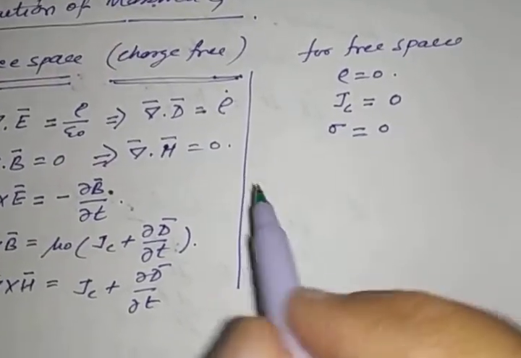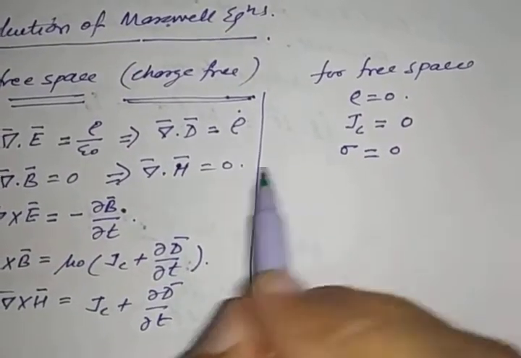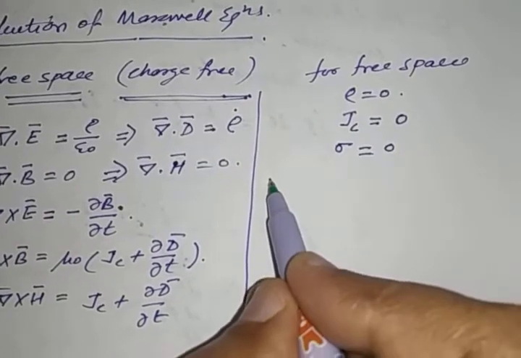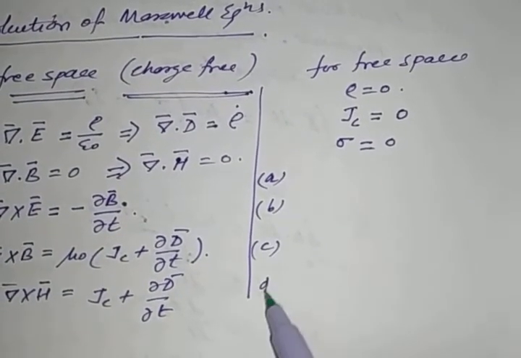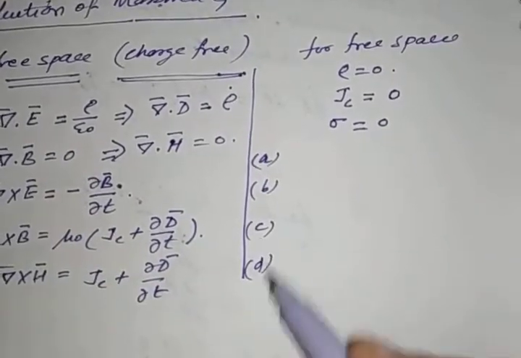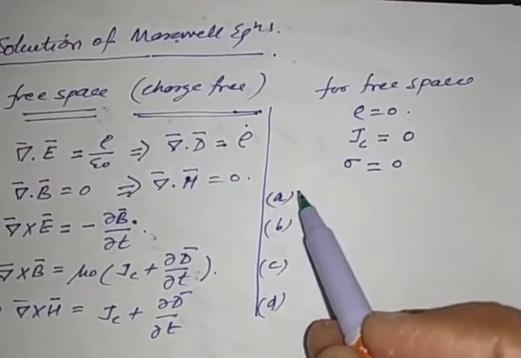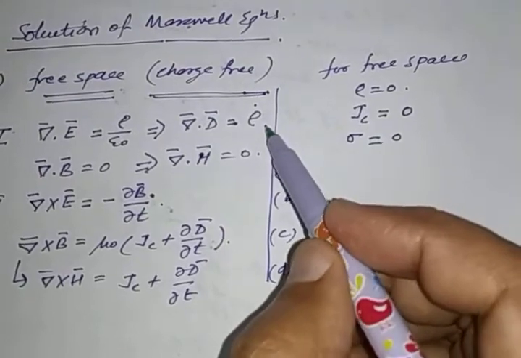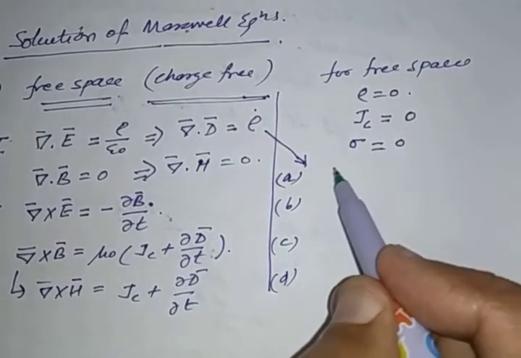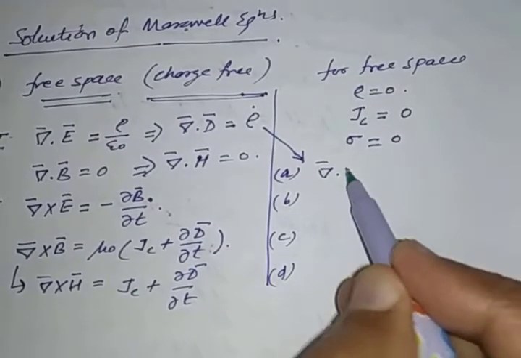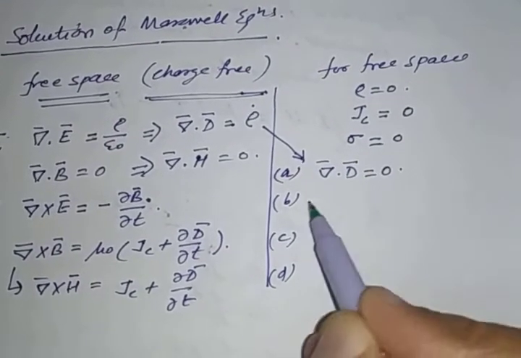So Maxwell equations take a different form, which can be written as A, B, C and D, like first, second, third, fourth. So the first equation from here can be written as del dot D is equal to 0.